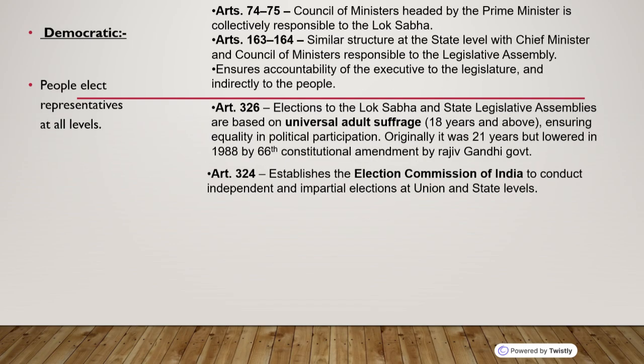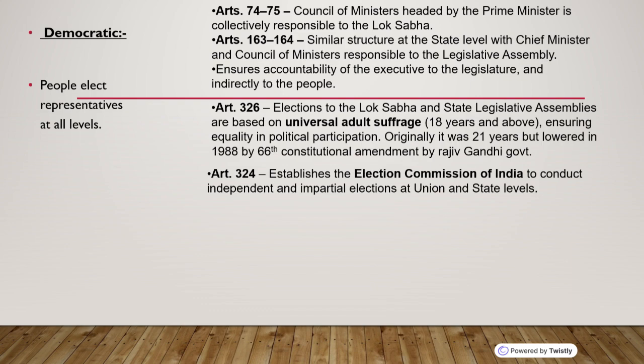The other word is democratic. Unlike some countries where the rulers are still hereditary, and if the father dies the son will rule the country, in India all levels of representatives are elected directly. We elect our representatives to represent ourselves in the legislature.